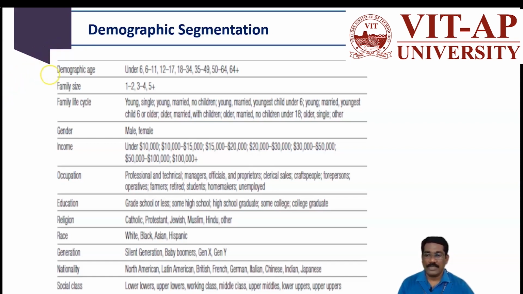And also occupation. We have professionals, technical workers, managers, officials and proprietors, clerical staff, craftspeople, foremen, operatives, farmers, retired, students, homemakers, unemployed. There are different categories of occupation. Based on their occupation, the marketer can try to offer products as required by those categories.